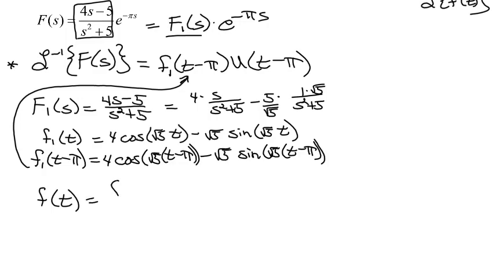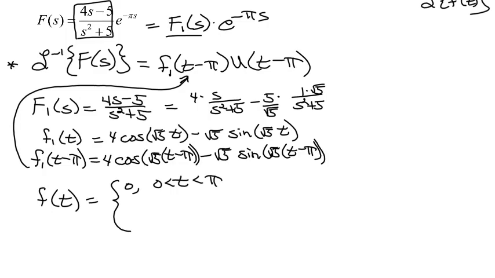I'm going to write it as a piecewise function. And the unit step function, remember, has 0 for all the values of t between 0 and wherever that a was. And in this case, the a value was pi. And then it has the function value in front of the unit step function for all the other t's.